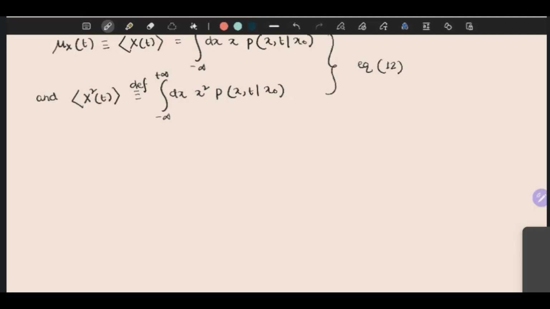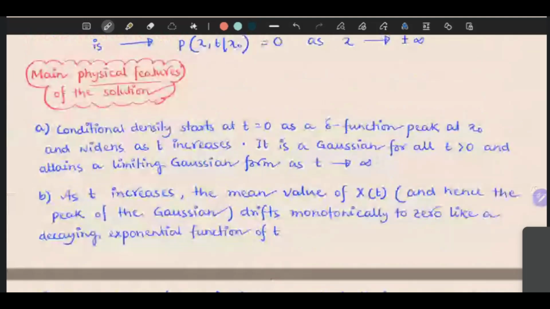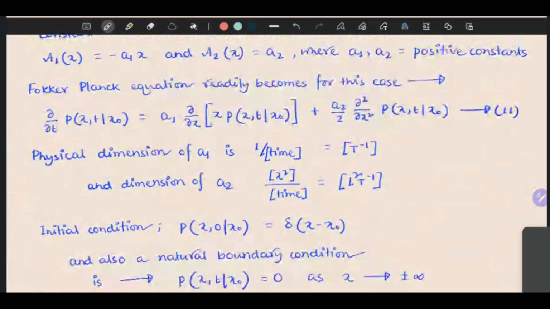Let's say you multiply this Fokker Planck equation by x.